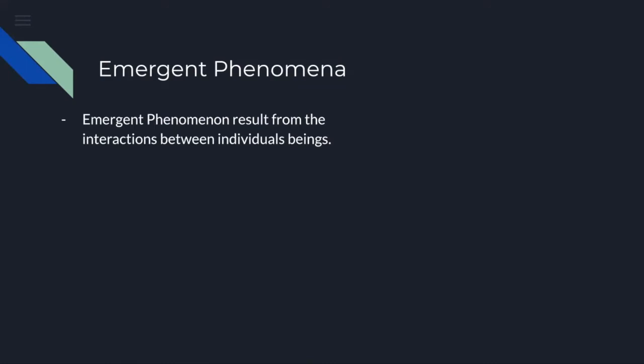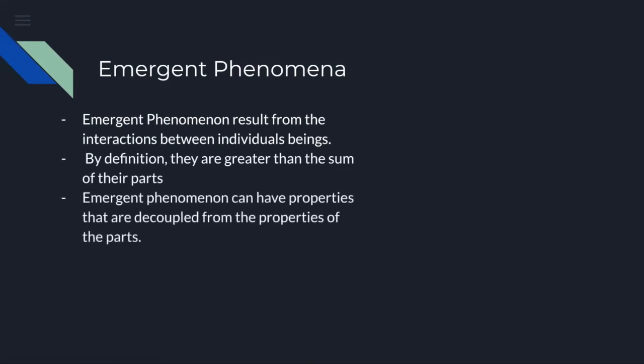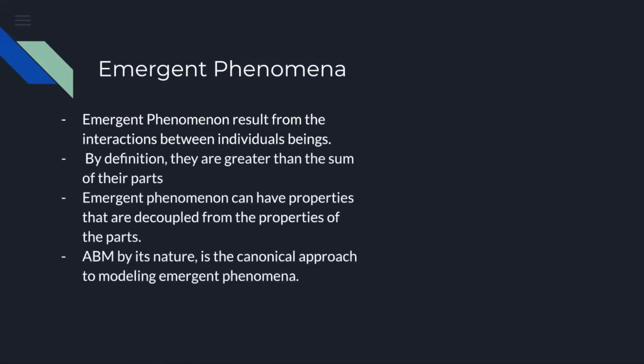The properties of the system are more than that, because the agents interacting with each other create new properties that can be attributed to the system. And agent-based modeling by its nature is the canonical approach to modeling emergent phenomena.